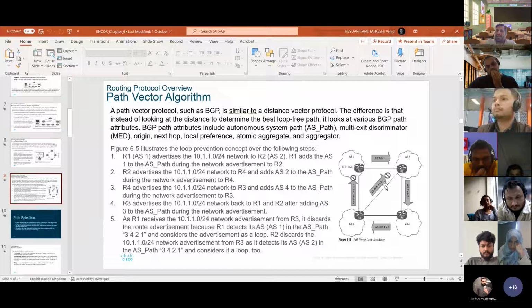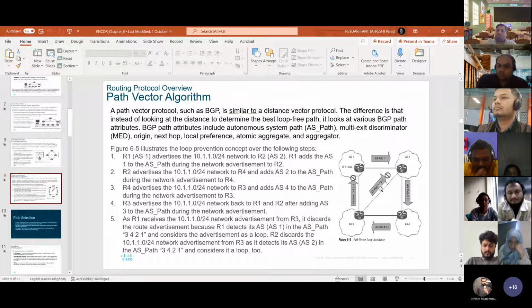The blocking sign tells you that this BGP update message will not be installed. Why? Because as this BGP update message is sent this way, AS3 is also going to be added here. Now we have 1, 2, 4, and 3. AS2 can see its own AS number here.